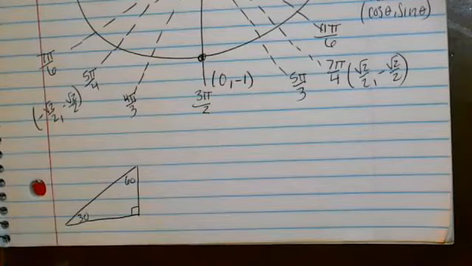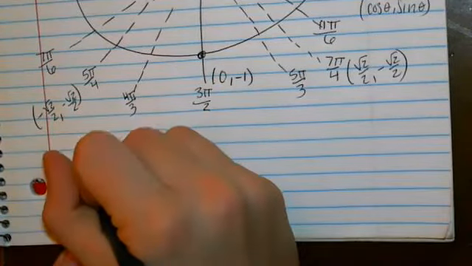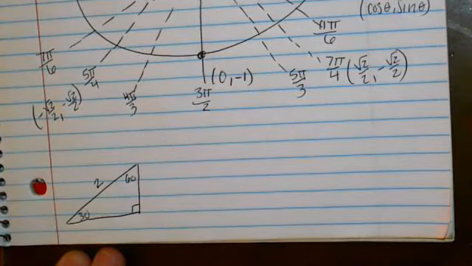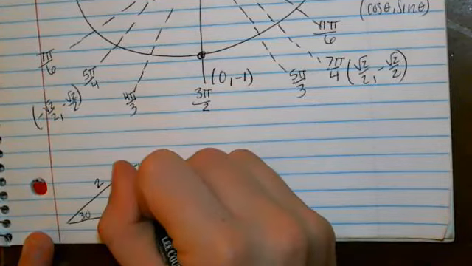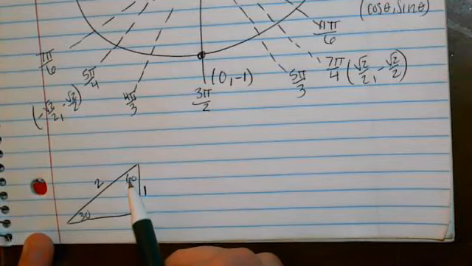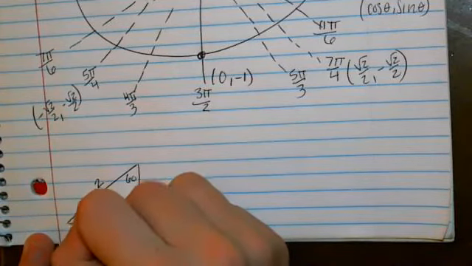What we know about 30, 60, 90 is that 2 is my hypotenuse, going across from my 90. Across from my smallest angle will be 1. Across from my middle angle is root 3.